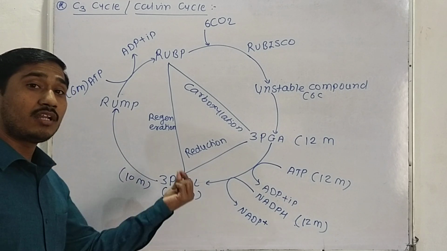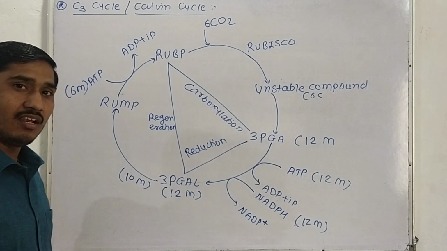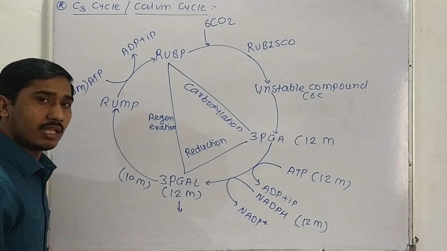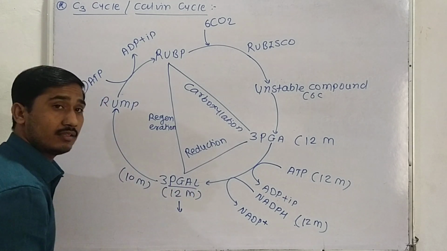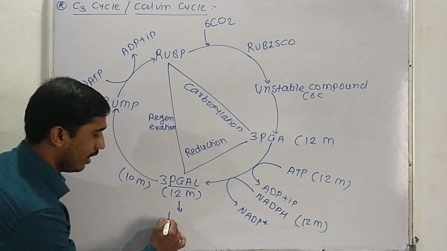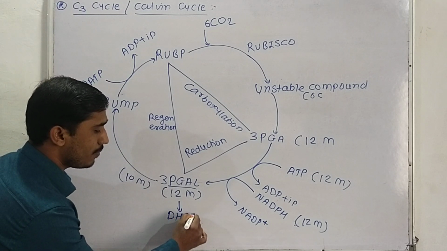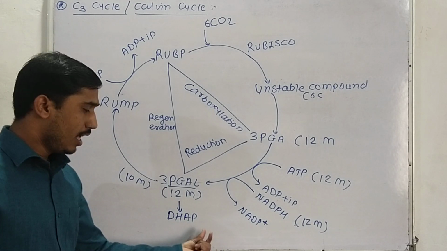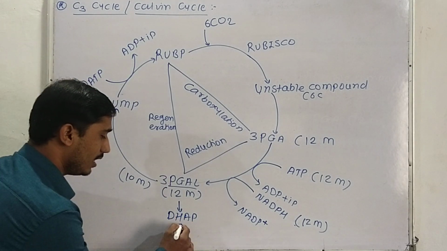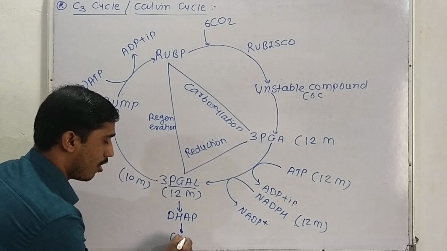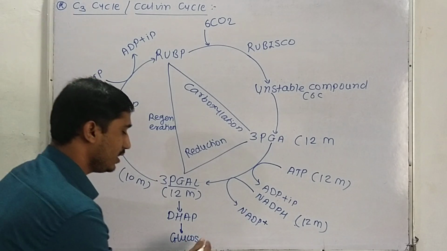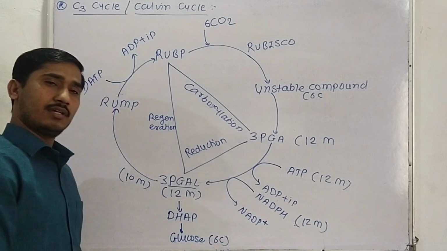Now, what about the remaining 2 molecules of PGAL? These 2 molecules of PGAL are converted into its isomer, that is DHAP, dihydroxyacetone phosphate. And after this, there is a formation of food in the form of glucose, which is a 6 carbon compound.